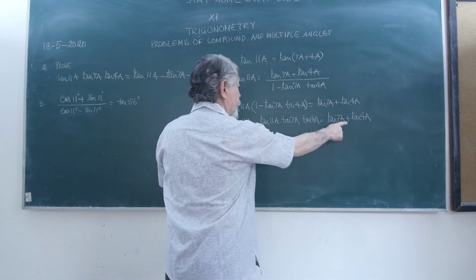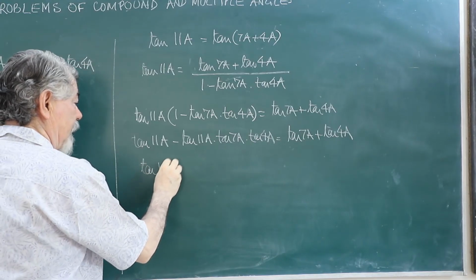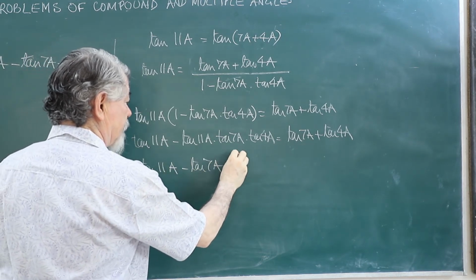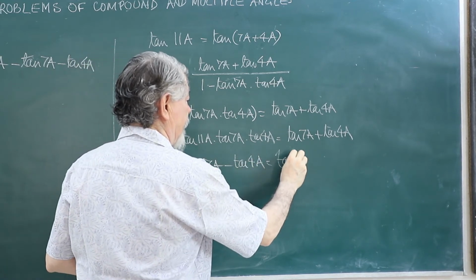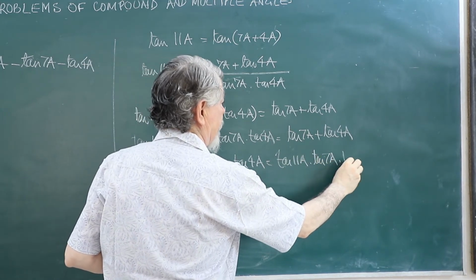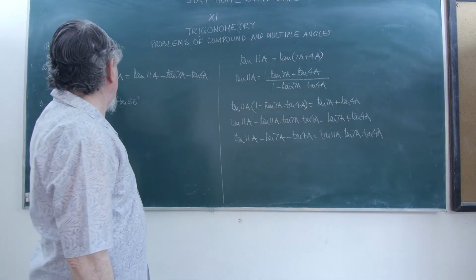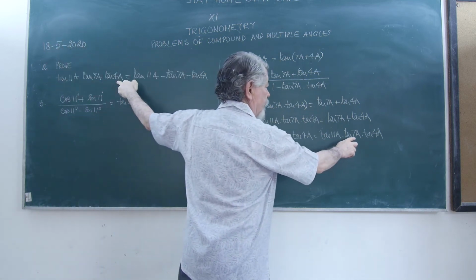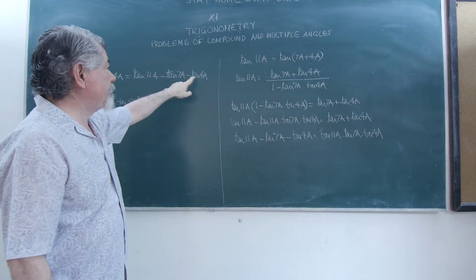So if I bring this to this side and take that to the other side, it will become tan 11A minus tan 7A minus tan 4A will be equal to tan 11A tan 7A tan 4A.